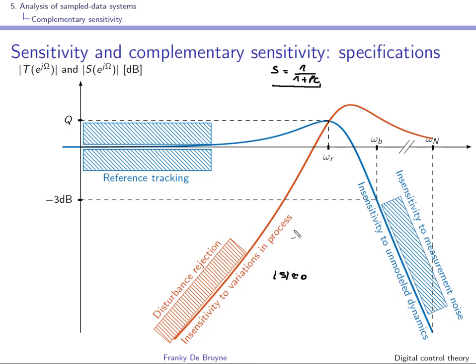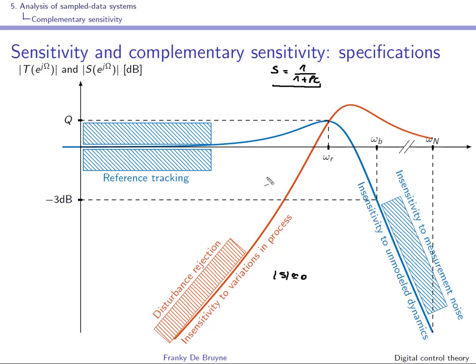This is because the sensitivity function is a transfer function that links an output disturbance to the output. So by imposing that S in modulus is small in the low frequencies, we'll be able to have a good output disturbance rejection.